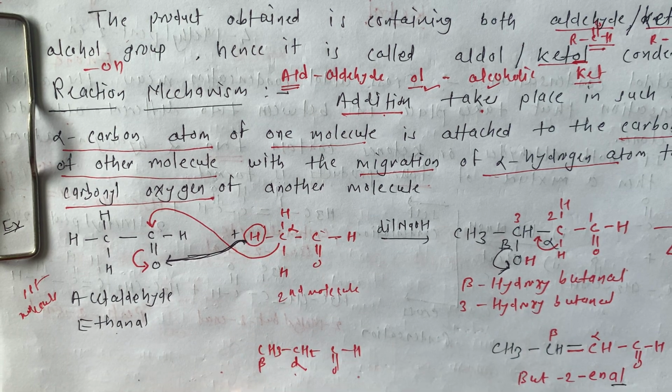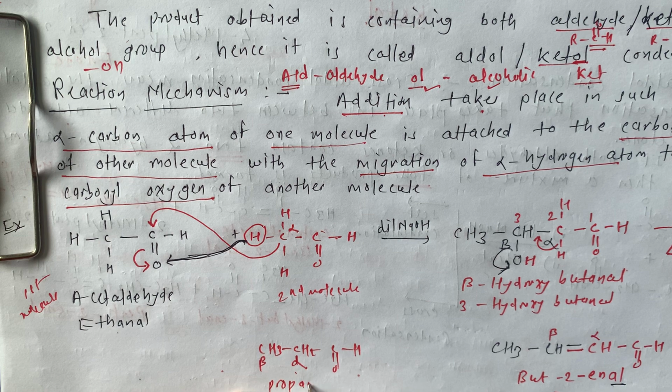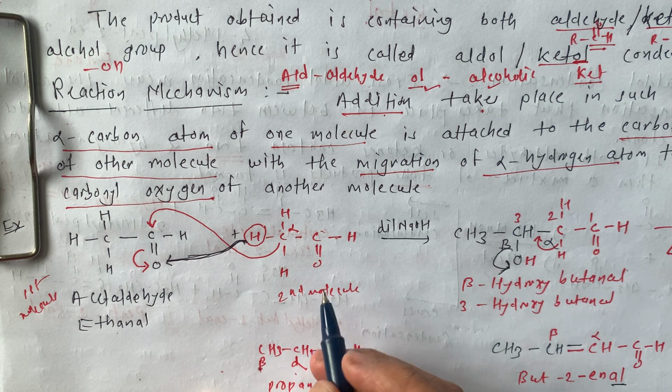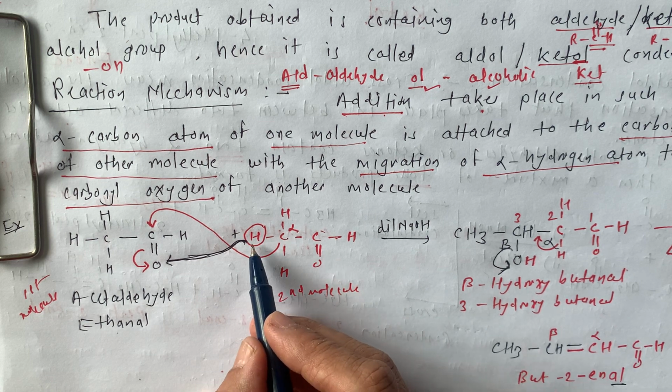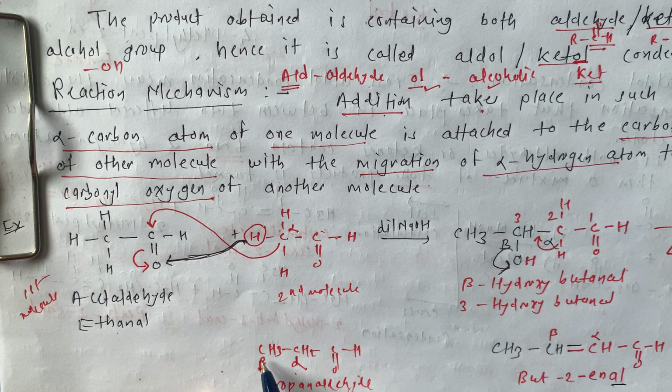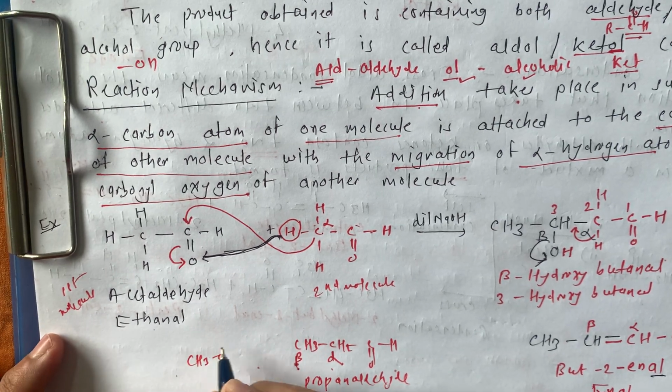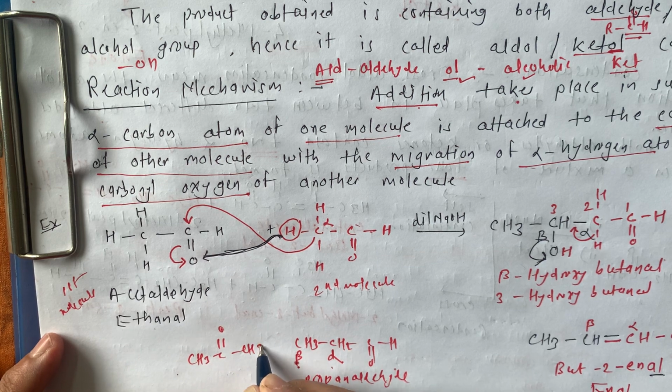If there is more carbon, as in propanaldehyde, then there is a beta carbon. Try to understand: this one is the alpha carbon, while next, if there is one more carbon, that is the beta carbon. In case of ketone, I explained this previously also.